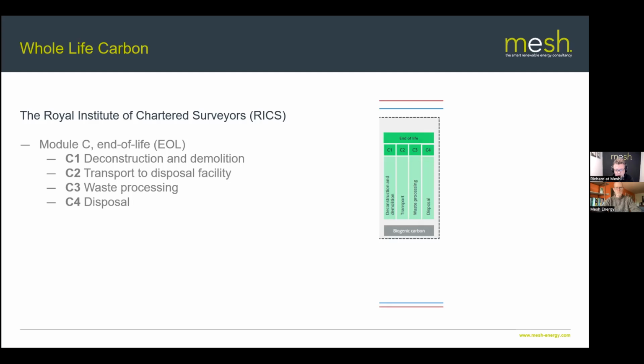And when we're doing calculations, one of the conversations we have with architects is that for each individual material included in the design of the building, we can specify the treatment of that particular material at the end of its life. So, for example, concrete, brick, and block can be crushed down for use as aggregate after the life of the building.